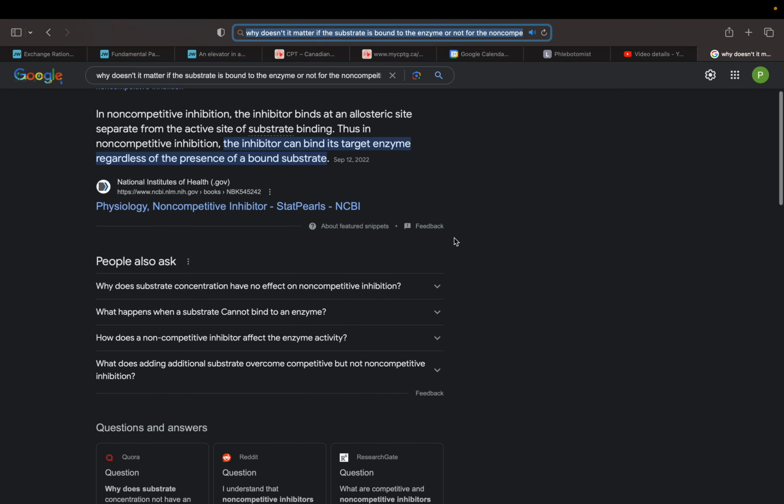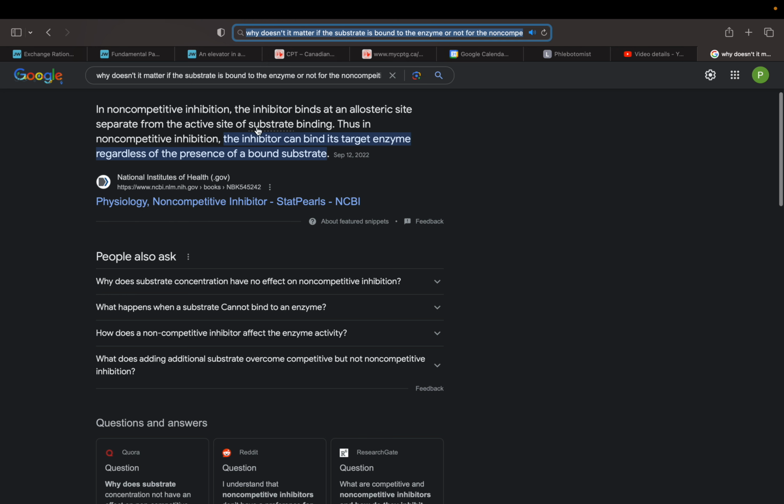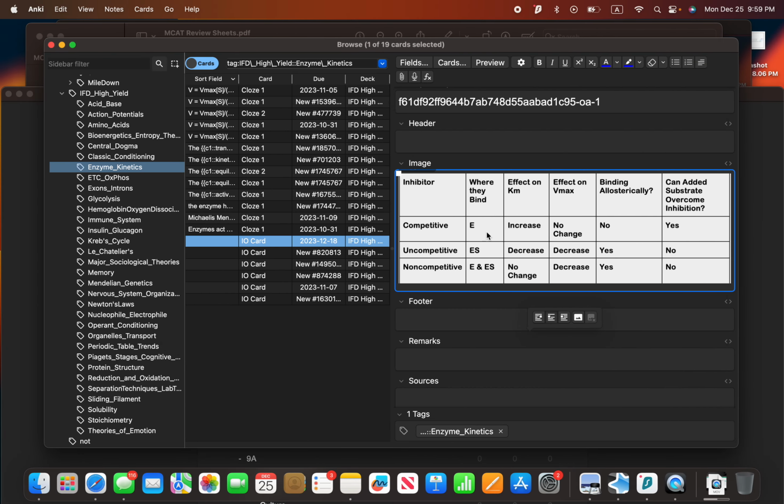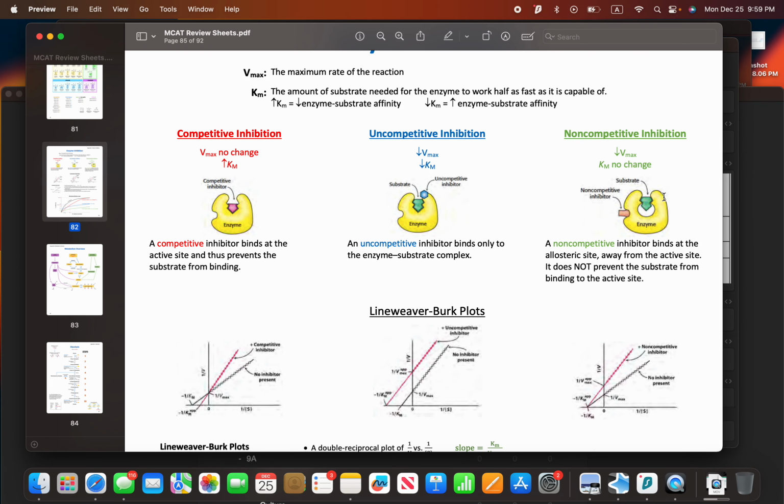In non-competitive inhibition, the inhibitor binds separate from the active site. The inhibitor can bind its target enzyme regardless of the presence of a bound substrate. So because we don't care if the substrate is bound to the enzyme or not, it binds to the allosteric site, and therefore it can bind whether the substrate is on the enzyme or not.